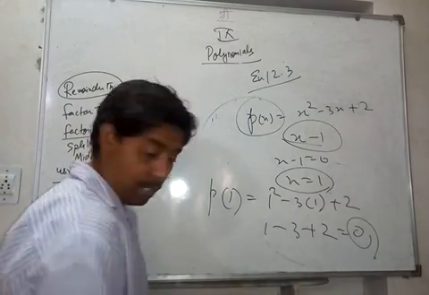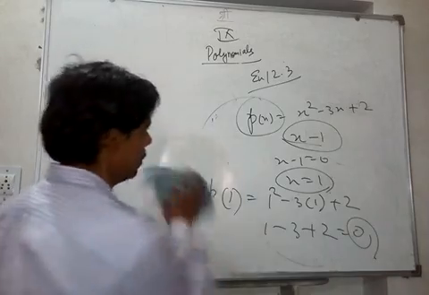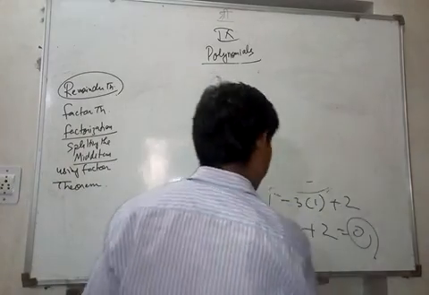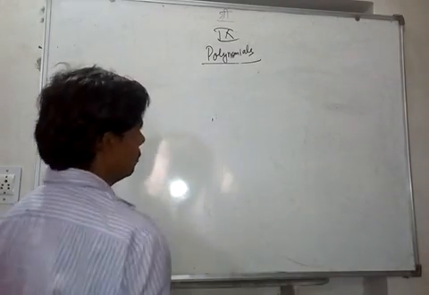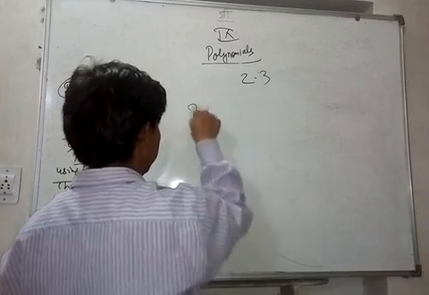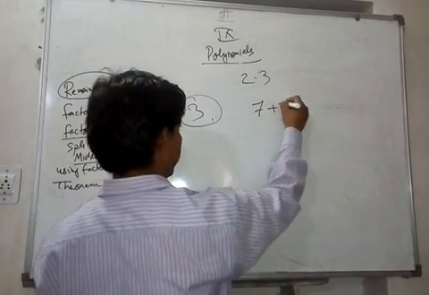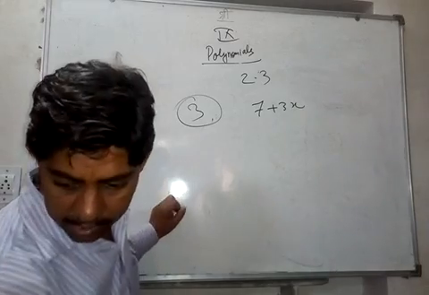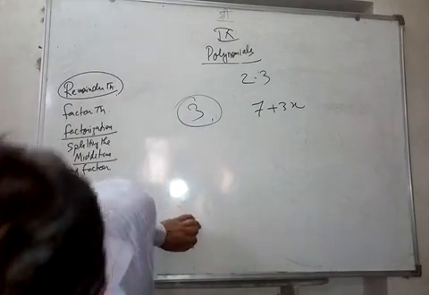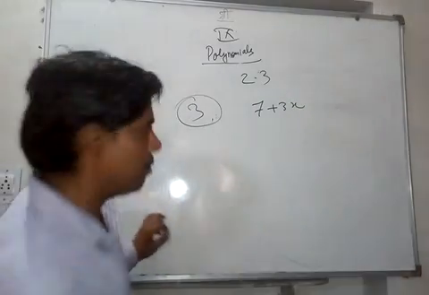So let's do one question here from exercise 2.3. Third question is this: check whether 7 plus 3x is a factor of 3x cube plus 7x.